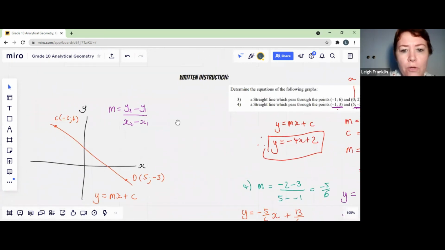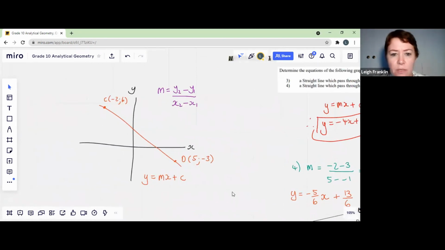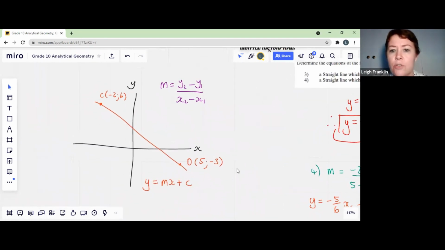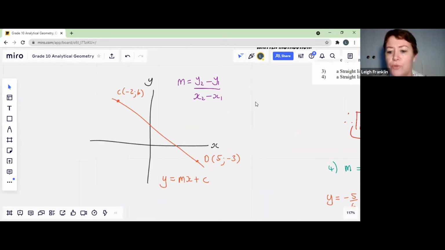Okay, so Nosisa and everybody else, start by working out the gradient of the line using the gradient formula.